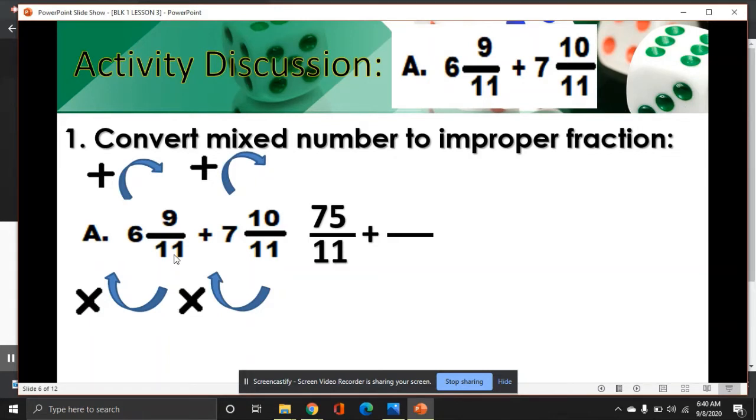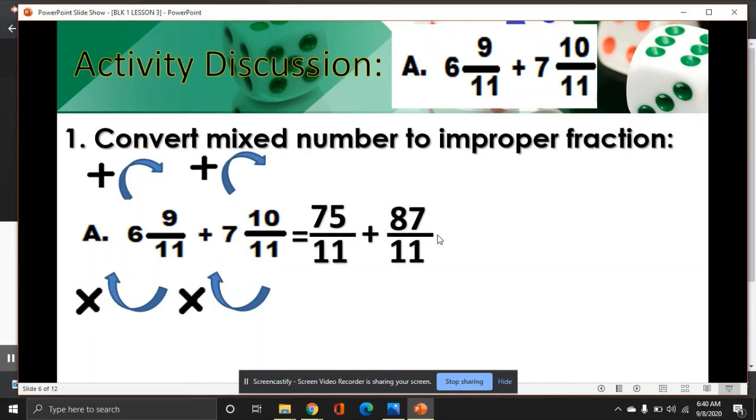So 11 times 7, that is 77 plus 10, it's 87. And copy the denominator. So as you observe, 75 over 11 plus 87 over 11 are like fractions because they have the same denominator.